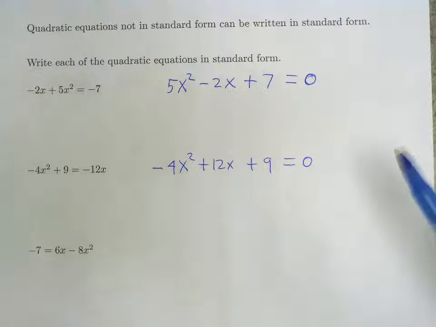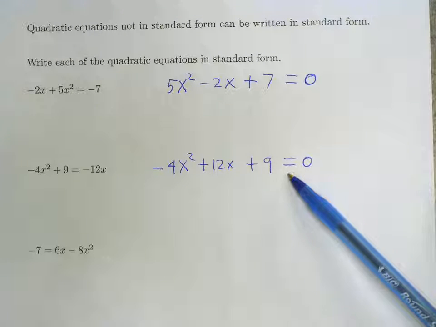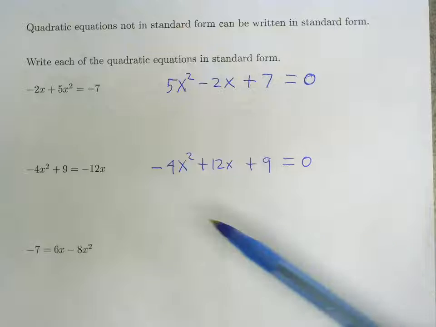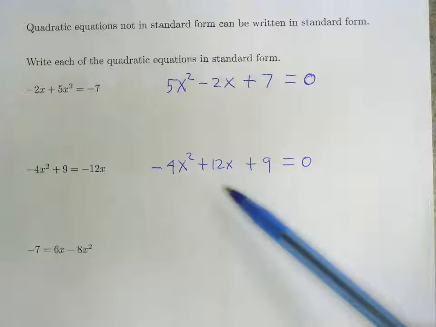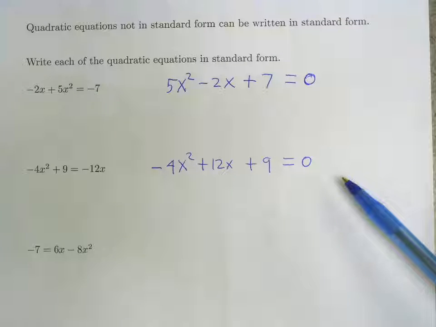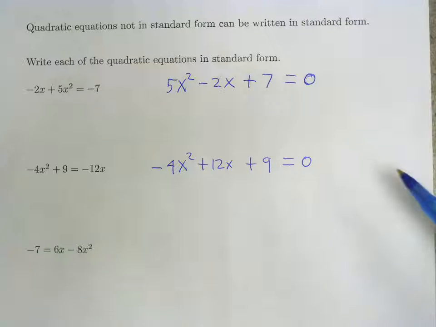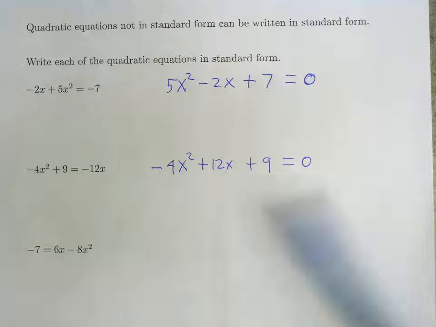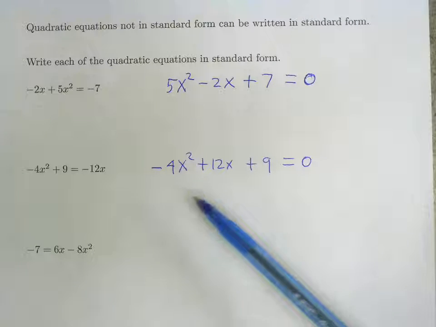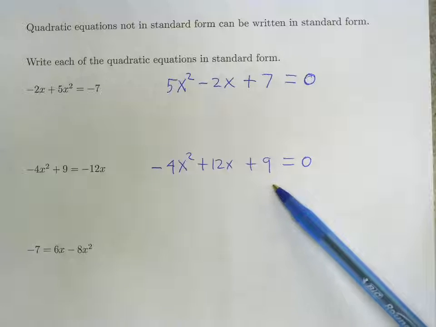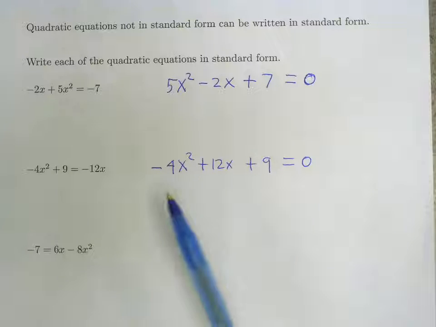This is a perfectly fine way to write it in standard form. But since we have an equation, we are permitted to multiply every term on both sides by the same non-zero number. We're not allowed to multiply both sides by 0, but we are allowed to multiply every term on both sides by the same non-zero number.